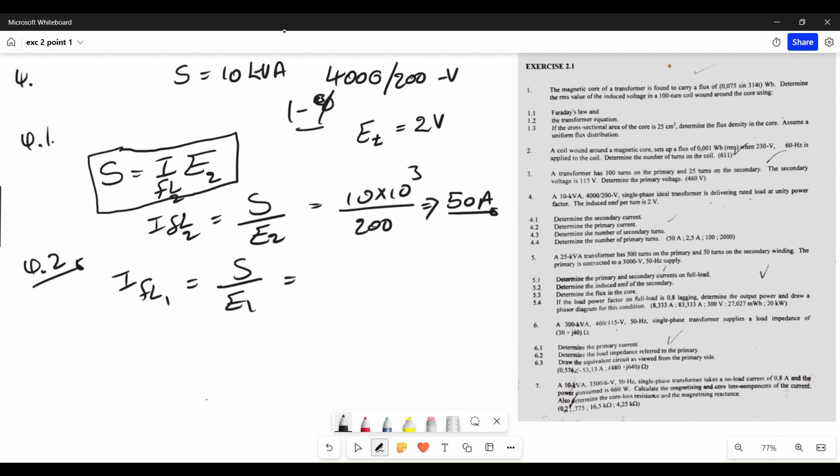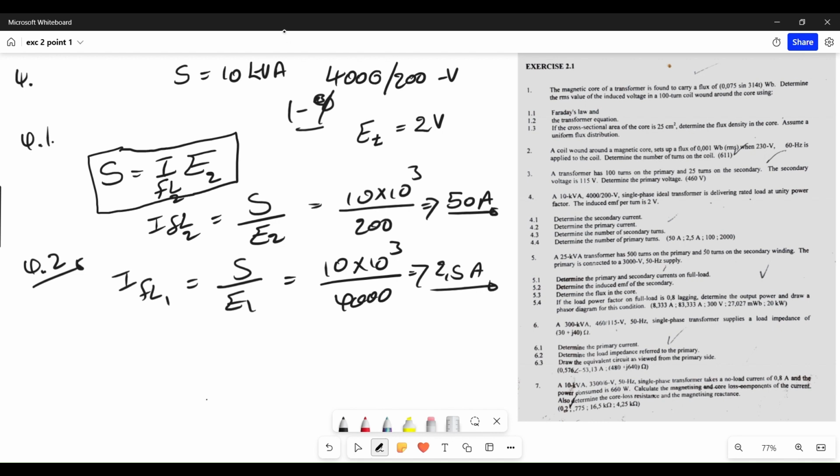S equals I times E1, so this is 10 times 10 to the power of 3 divided by 4000. This gives us 2.5 amps. This is the current I full load 1. This is 4.2.